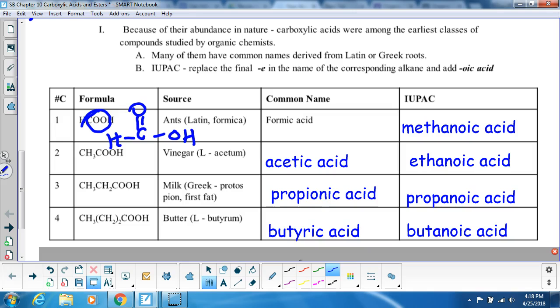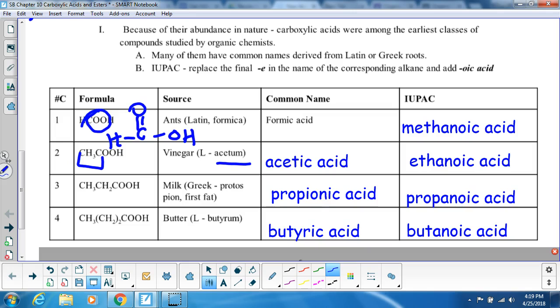Your 2-carbon acid is your vinegar. It's from Latin, so that's where acetic acid or acetate came from, its Latin root, because it was known for so long. Acetic acid is your common name, and with 2 carbons, it's ethanoic acid. 3 carbons is found in milk.